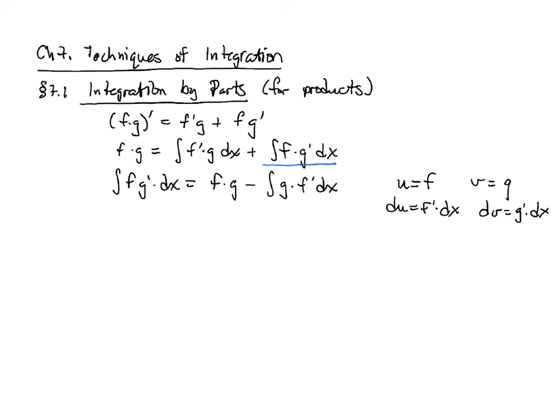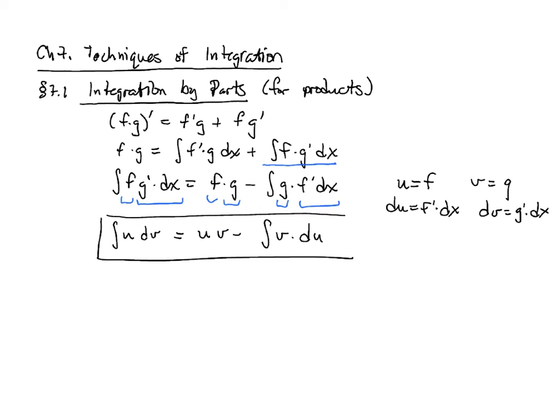And so over here in my formula, here is dv, here is u, here's u, here's v, etc. And so when I make all the changes, we find the formula is the antiderivative of u times dv is the same thing as u times v minus the antiderivative of v times du. And this is the standard formula for integration by parts.